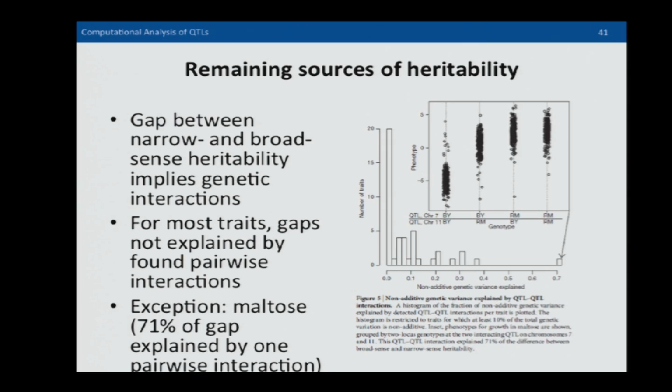If they were linear, then as you added either a chromosome 7 or a chromosome 11 contribution, it would go up a little bit. Here, as soon as you add either contribution from RM, it goes all the way up to have a mean of 0 or higher.